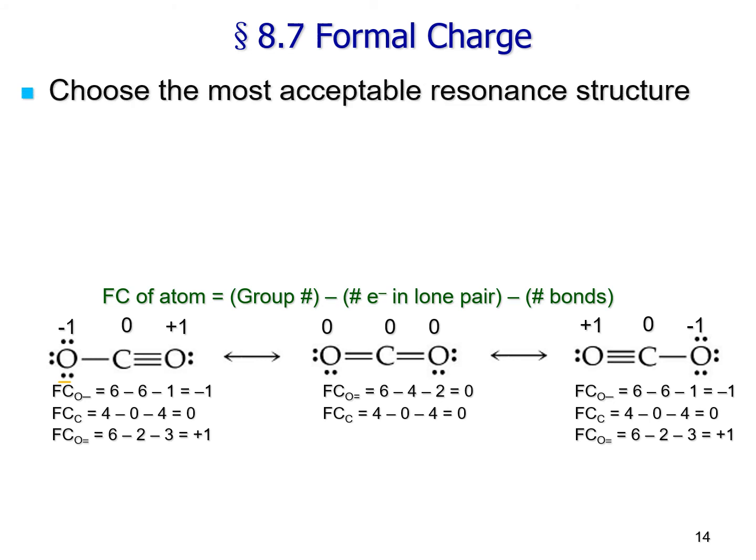Just how are we going to be able to choose the most acceptable resonance structure, or most favored resonance structure? First, we're going to choose the one with the smallest overall absolute value of formal charge in such resonance.